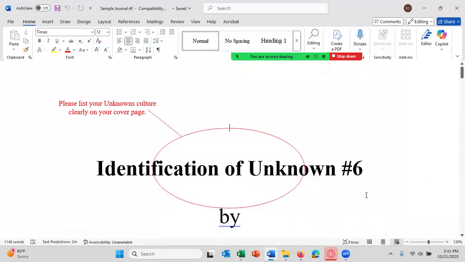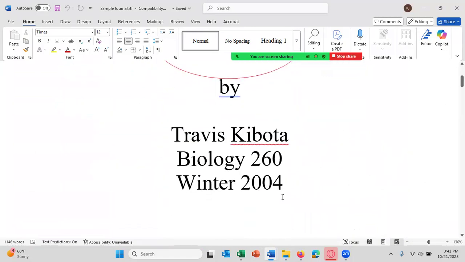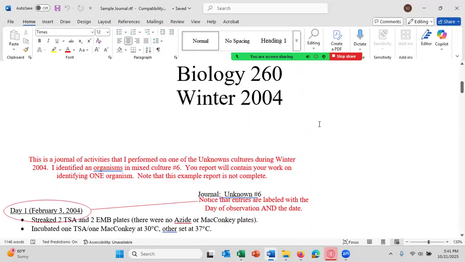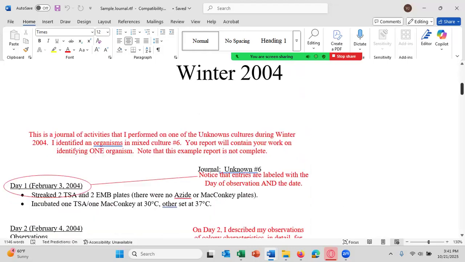So you should have your unknown number, state who it is, state what the class is, the date, obviously. And you should have that on the very top of your unknown report text, meaning I don't want that on a separate page. I used to print these out. I won't anymore, but that was just sort of a waste of paper if you made the cover sheet page.